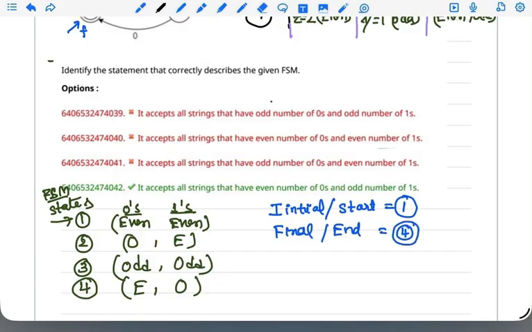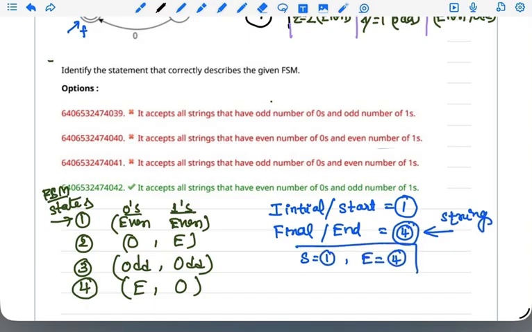A double circle means an accepting state. A string must be accepted by the FSM, so it must end at state 4. So the start state is 1 and the end state is 4.